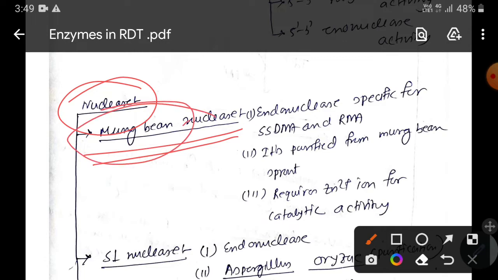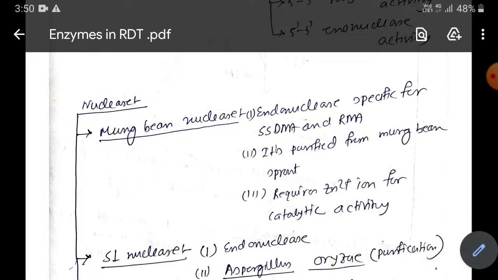It is an endonuclease. Endonuclease means it will cut the DNA or RNA from the middle. It cuts mainly single stranded DNA and RNA molecules, and requires Zn2+ ion for its catalytic activity. It is purified from mung bean sprout.